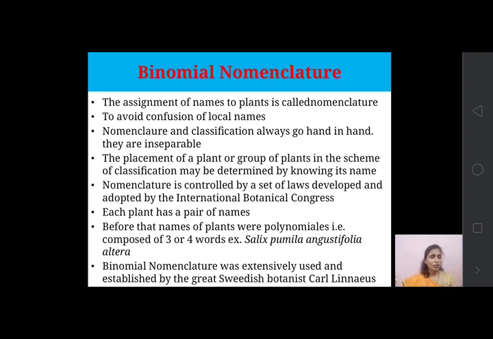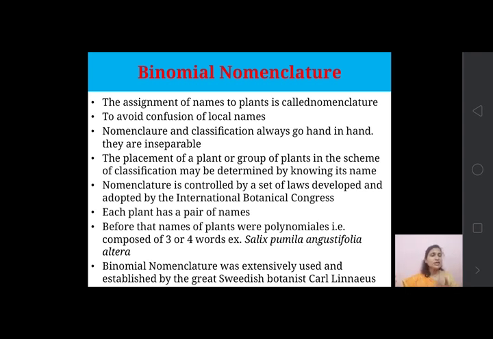For example, mango: if Marathi people say amba, then Hindi people say aam, then English people say mango. There are different languages and different local names for that particular plant, so one can get confused hearing all these different names in different languages.